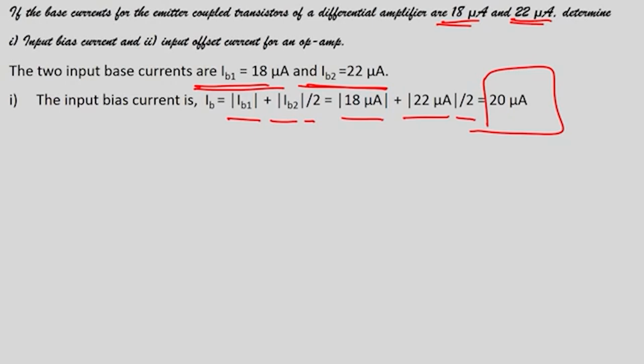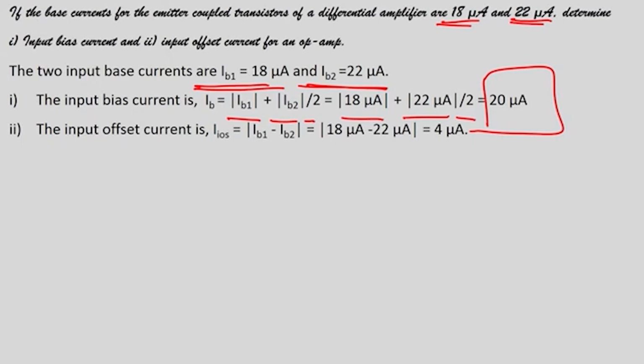Everybody knows the formula, IOS equals mod of IB1 minus IB2. If we put in the values, 18 minus 22 is minus 4, but again it is a mod. So, not minus 4 microampere, that value is wrong. We get a value of 4 microampere, easy.